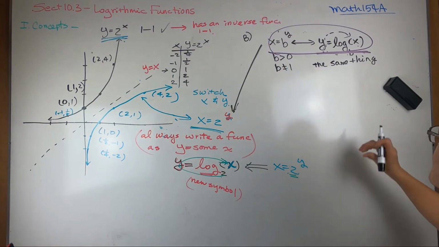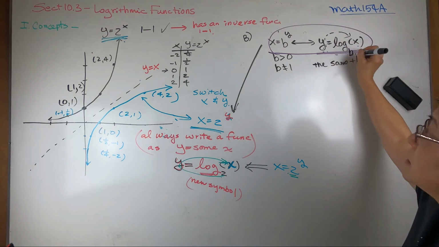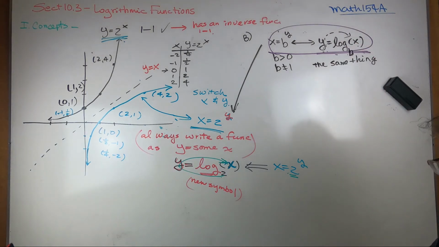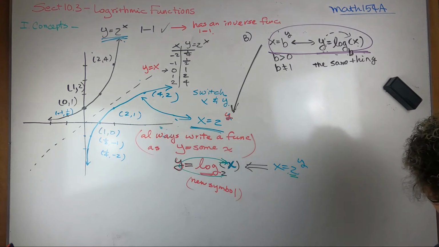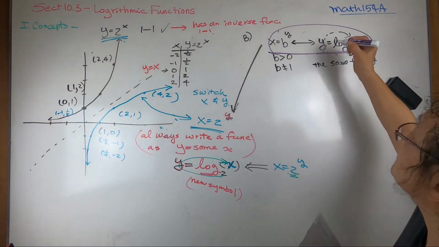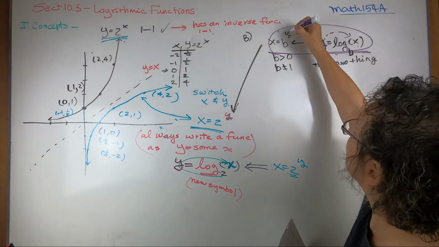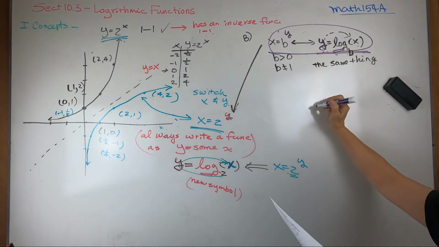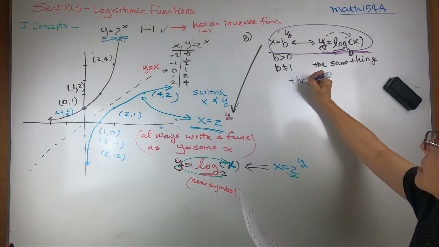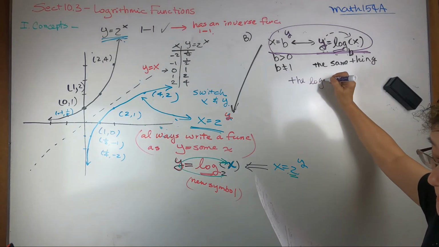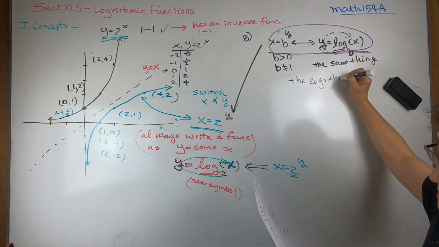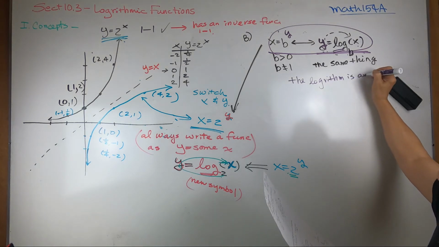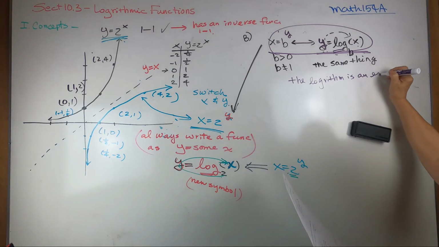Because we cannot think straight with the log symbol. At the same time, you can see this y, right? The log. y is the log, right? So the logarithm is an exponent.